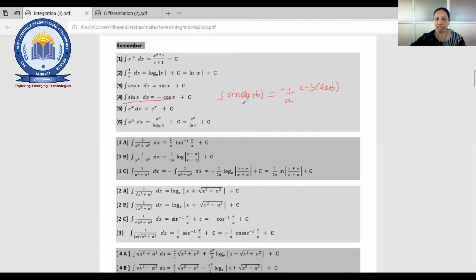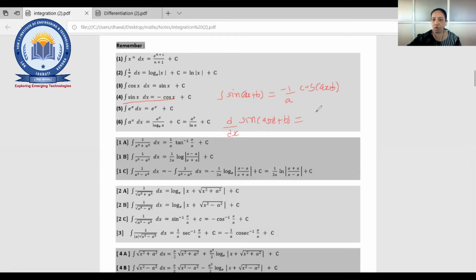So what happened here? I told you in the beginning of integration, if you are doing d by dx, many of you have written the wrong answer. That's why I'm explaining. Someone has written b also in multiplication, a in multiplication, so it should not be like that. D by dx of sine ax plus b. What should be the answer?